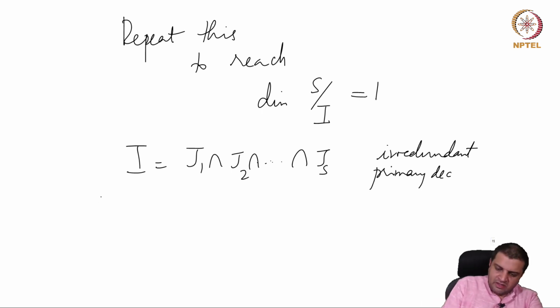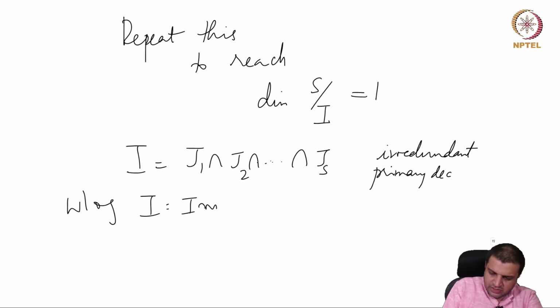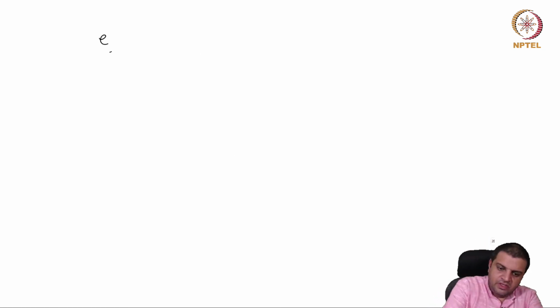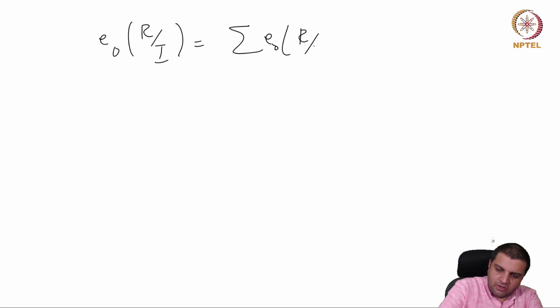Again without loss of generality, I equals the saturation of M, so the maximal ideal is not associated to that list. Then it is just E0, since it is one dimensional: E0 of R mod I is the sum of E0 of R mod Ji, i from 1 through s.